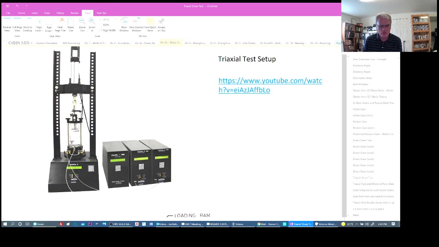So the important thing is we're consolidating it first with the drain valves open and allowing any water that's in the specimen to move inward into the pumps as it consolidates. Okay, and then to complete a consolidated drained test, we would leave this valve open to the specimen so that water can dissipate as we shear, and we apply a vertical stress.